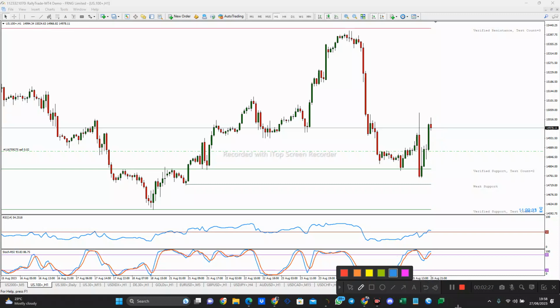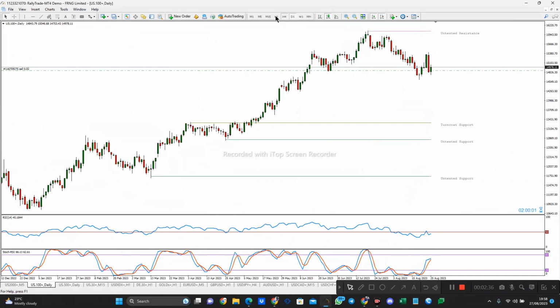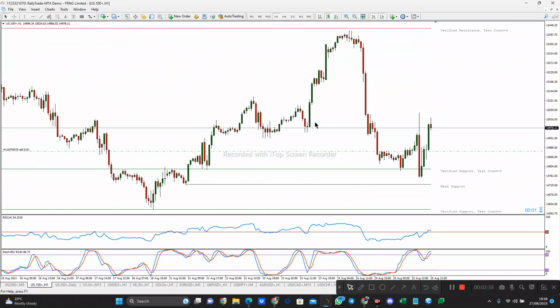So let me do my markups. Right now, this is the closest support, and this can be the closest resistance here, but I don't like to draw those resistance areas manually.